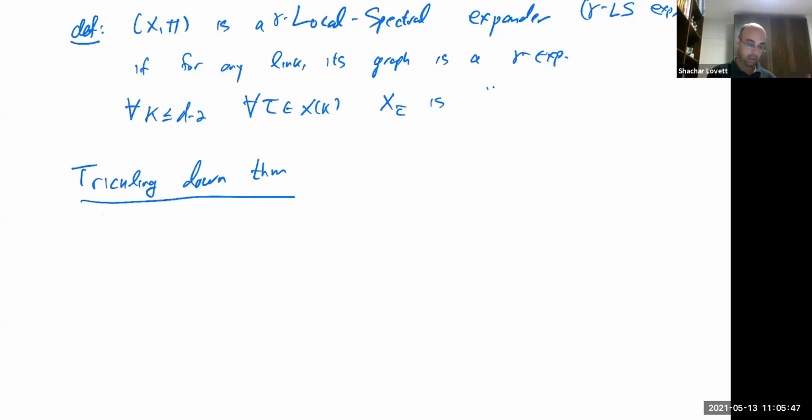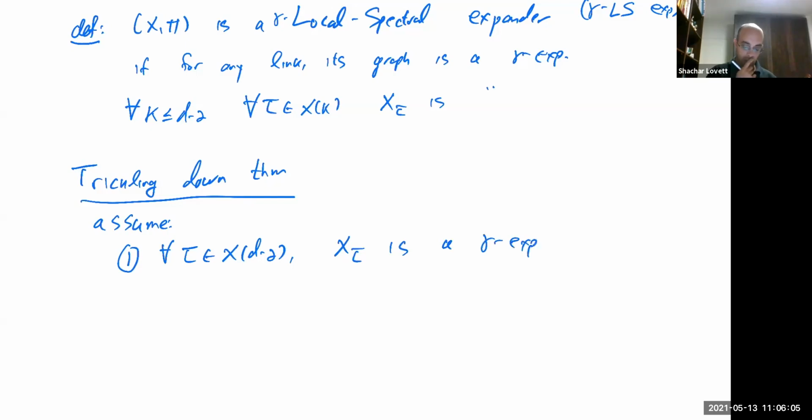Don't keep repeating it. So assume two things. One is that for every tau in X d minus 2, the underlying graph is a gamma expander. Notice that when tau is a d minus 2 face, X tau is actually a graph.